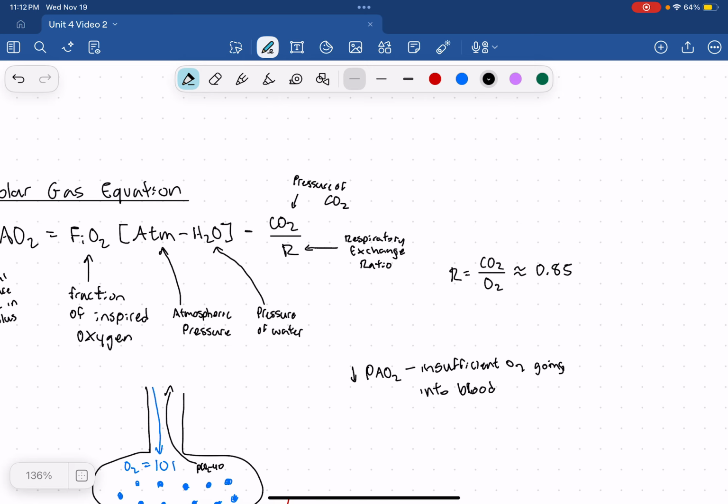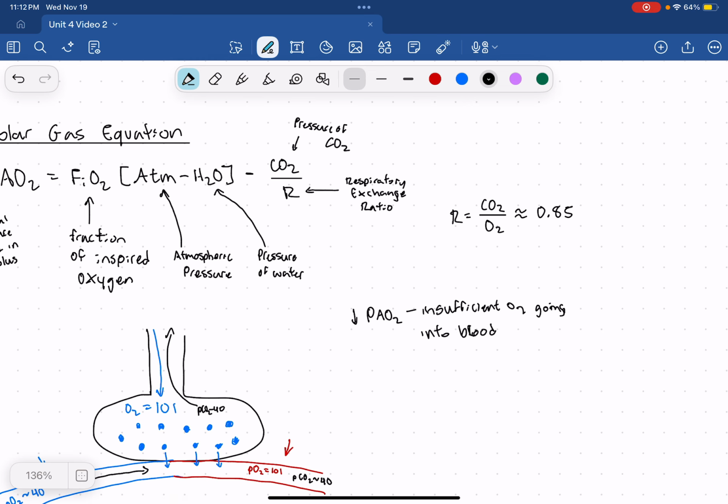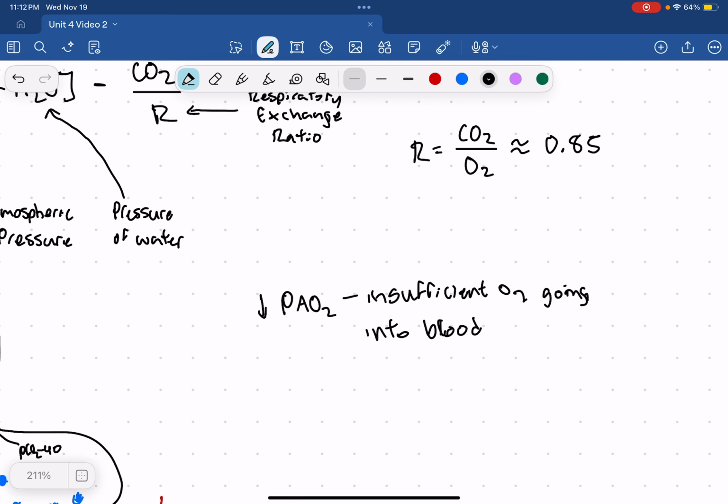We can suspect conditions like asthma, we can suspect things like COPD, which is chronic obstructive pulmonary disease, right?